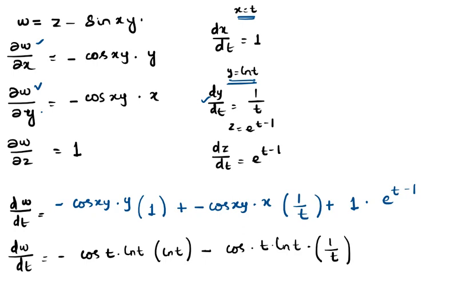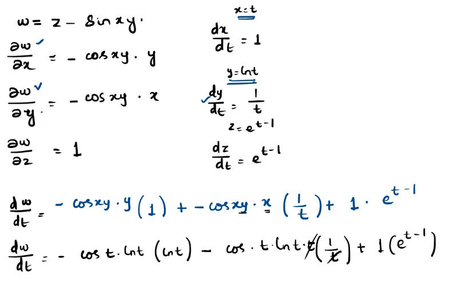And again here we have the x value, so I write t here. This t and this t will be cancelled, plus 1 into e power t minus 1.